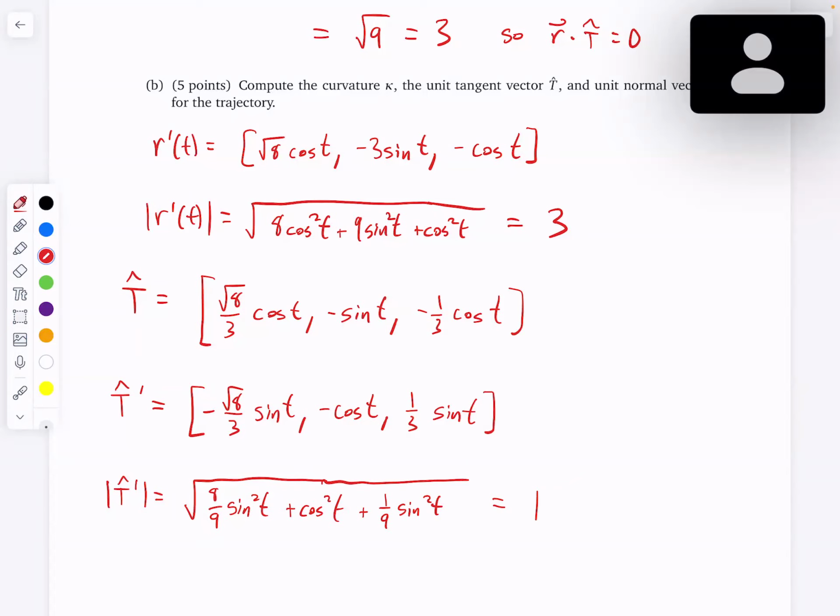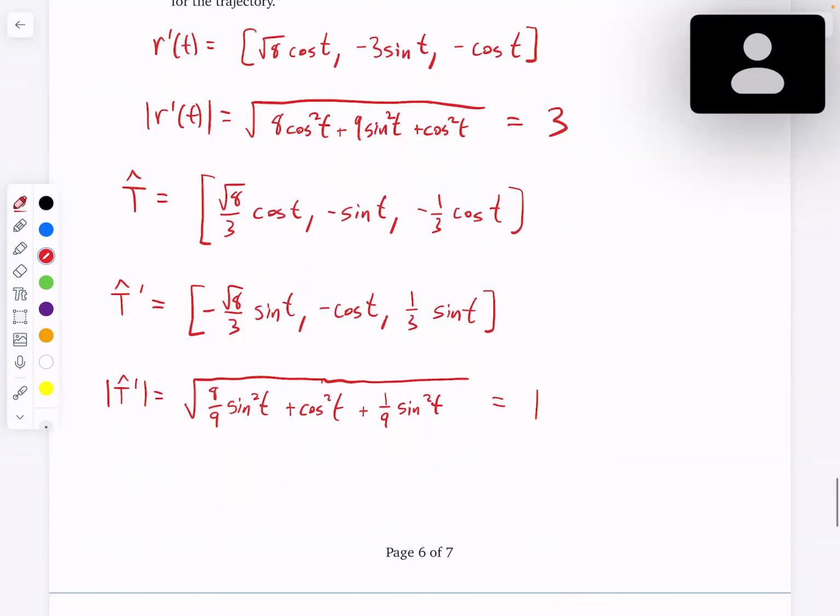And then we get the following. The unit normal vector is t hat prime over the magnitude of t hat prime. And so actually it's just equal to t hat prime.